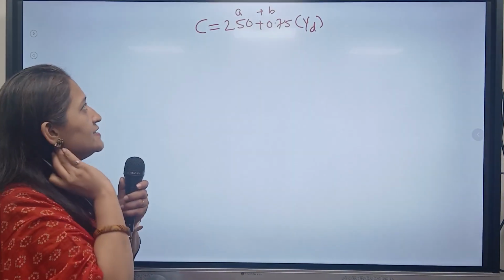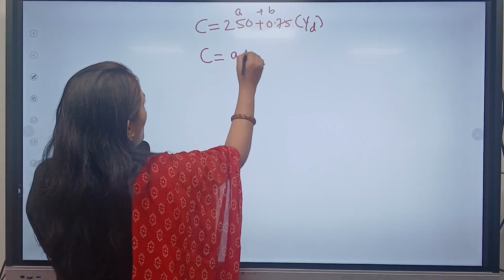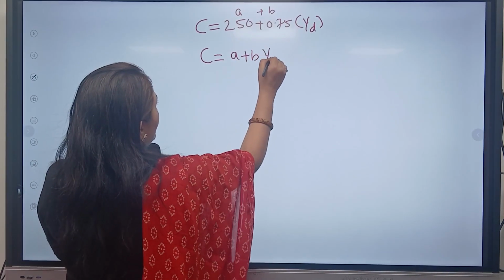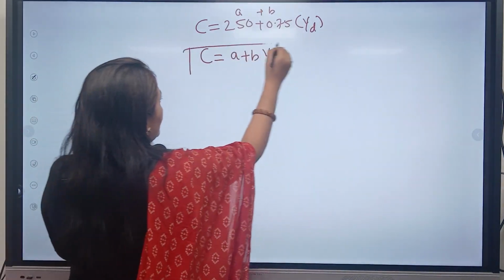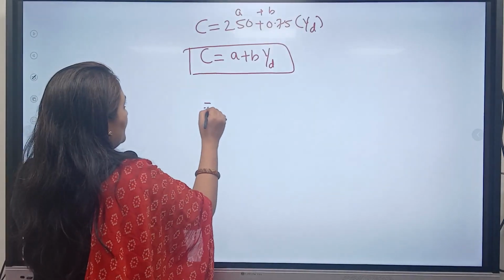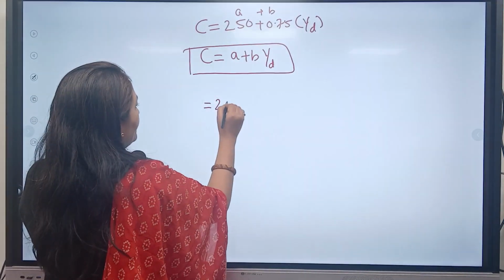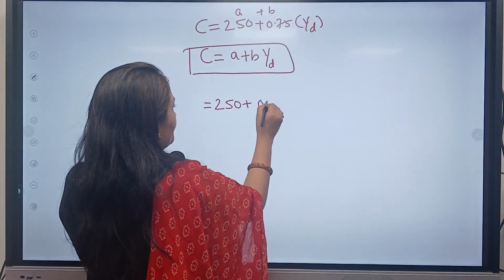So we just put these values into this formula to get the equilibrium level of consumption. We know the value of A, which is 250. We know the value of B, which is 0.75.